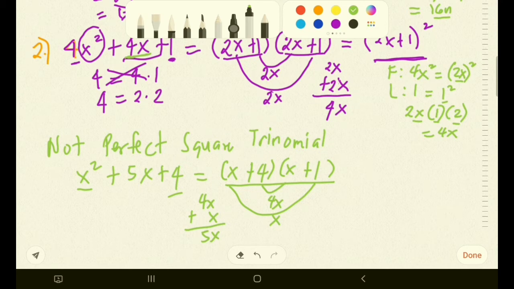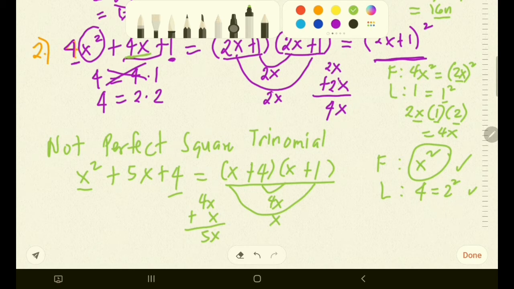Okay, let's do the test. First term, x squared. Okay, this is a perfect square. Check. Last term, 4. That is 2 squared. That's a perfect square. Check.